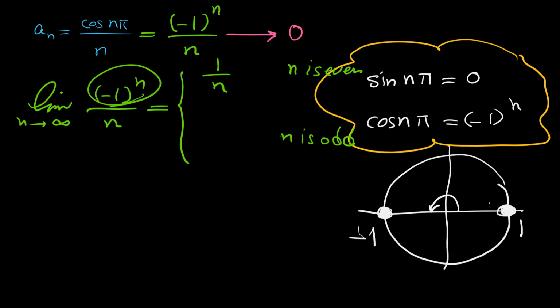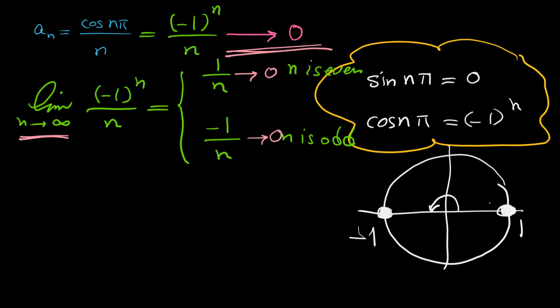When n is odd, negative 1 to the n gives negative 1 over n. Now, we can say that when n approaches infinity, this approaches 0. In the other case also it approaches 0. Because both of them approach 0, we can conclude that the original sequence also approaches 0. This is another way of writing the solution.